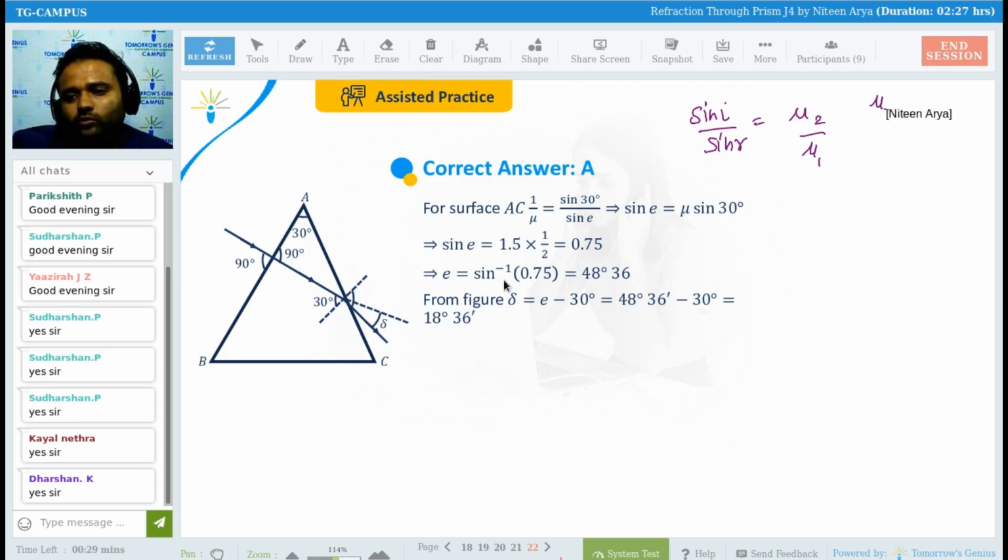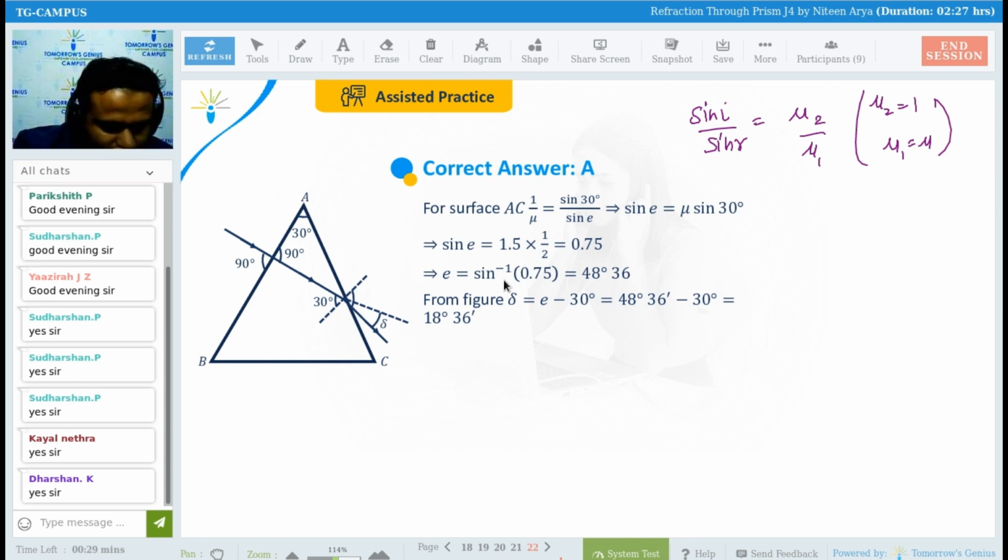Here mu 2 is 1 because of air, mu 1 is mu because of the medium. The angle i here is given directly as 30 degree. Angle e we need to find, which is the angle of emergence.